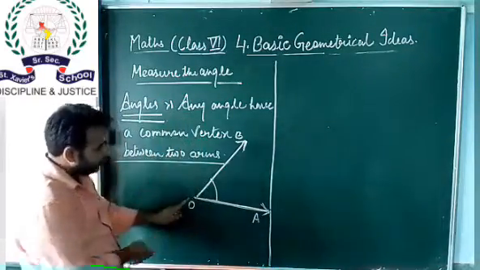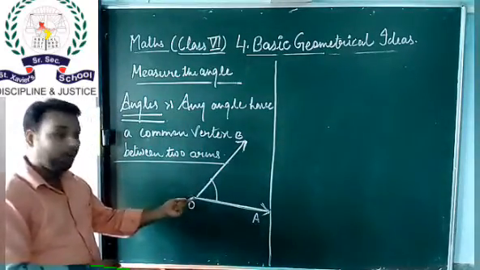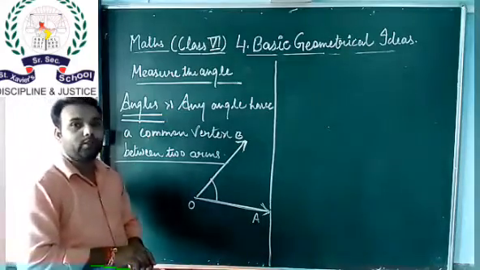Both arms have a common point O, and this common point is known as the vertex of the angle.